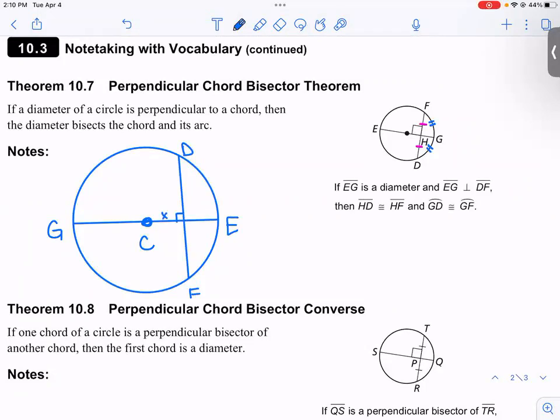Okay. So this cute little guy right here is X. Okay. We need to find X.